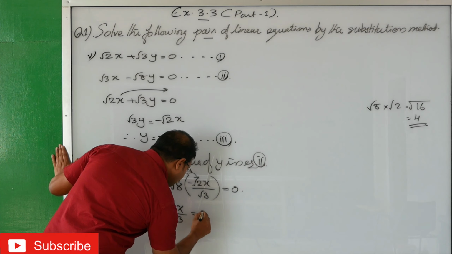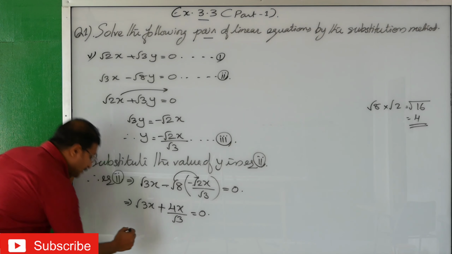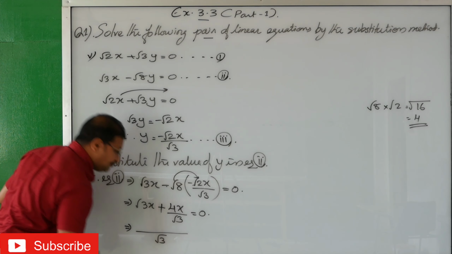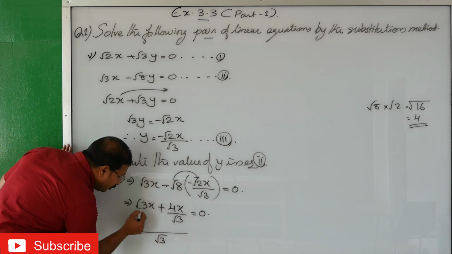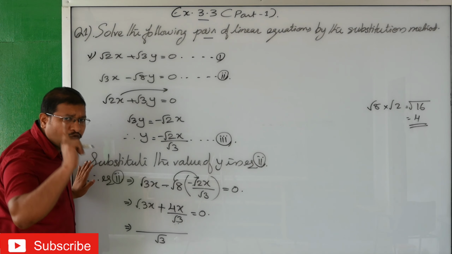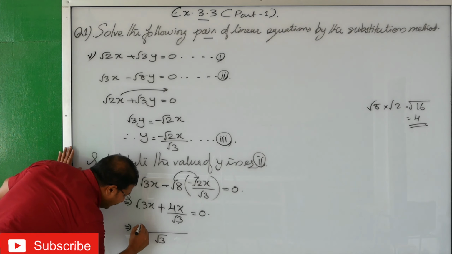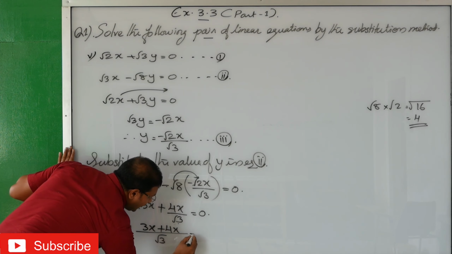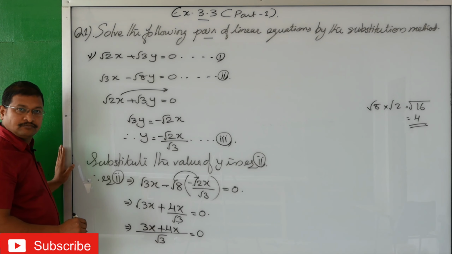Ready? That means we will get here 4x by root 3 equal to 0. Ready? This implies I am taking root 3 as the common LCM. Now, root 3 into root 3, 3. That means root 3 into root 3, 3x. 3x plus 4x equals 0.